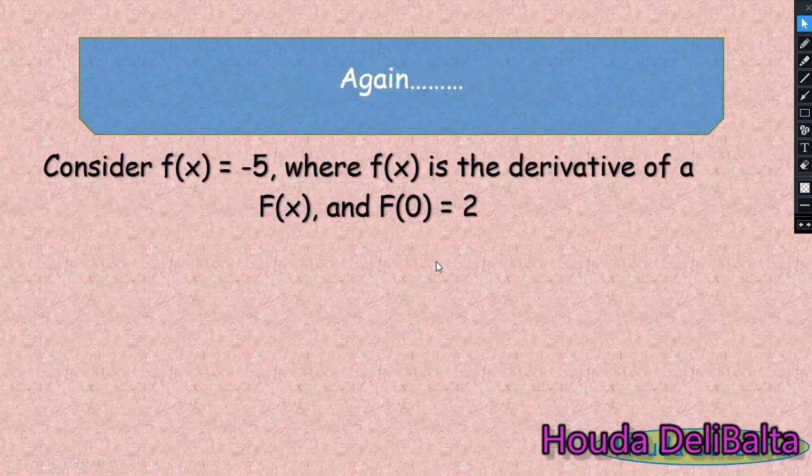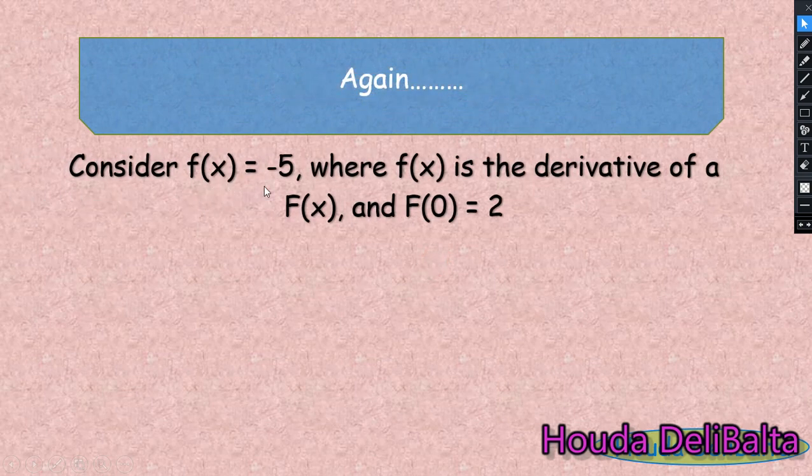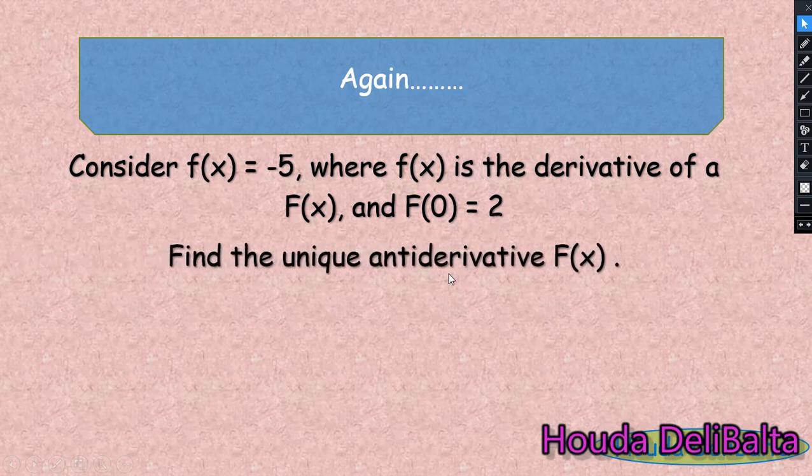And here is another example to make things more clear. Small f of x is minus 5, where f of x is the derivative of capital F of x, and f of 0 equals 2. So there is a given or a condition.